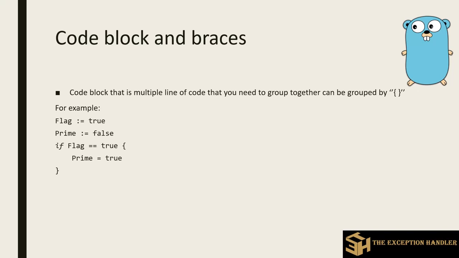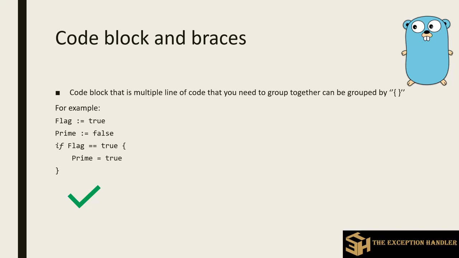Here I am trying to check a condition where if flag's value is true, then prime should also be assigned a value true. This is okay because if you see, in the if statement we have removed the parentheses. This is a part of Go helping us in reducing the amount of typing.